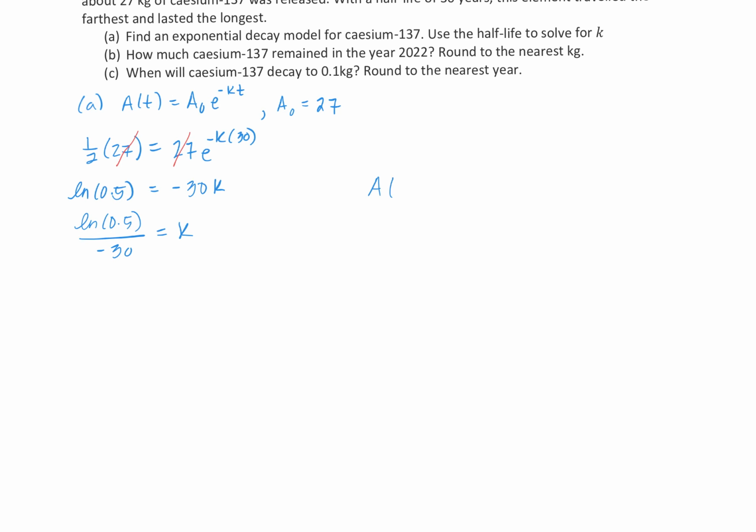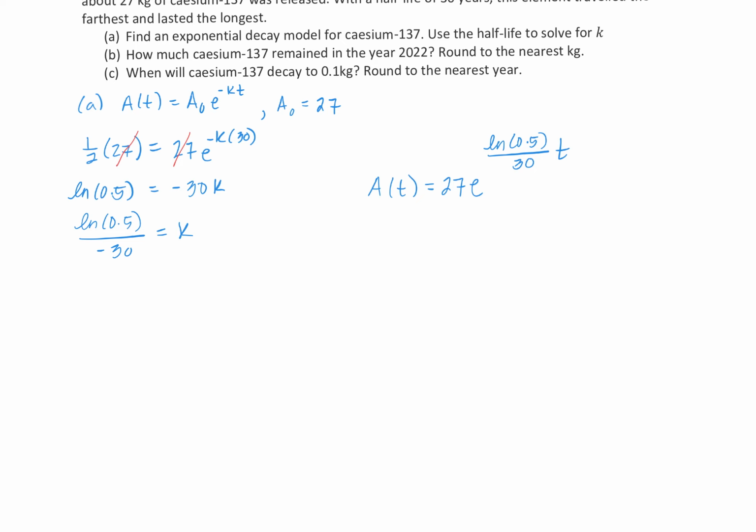Now that I've found my k, I can write my complete formula. The amount of cesium at any time is going to be equal to the initial amount, which was 27 kilograms, times e to the negative k, but k here has that negative 30, so those negatives will cancel, and that will be natural log of 0.5 over 30 t.